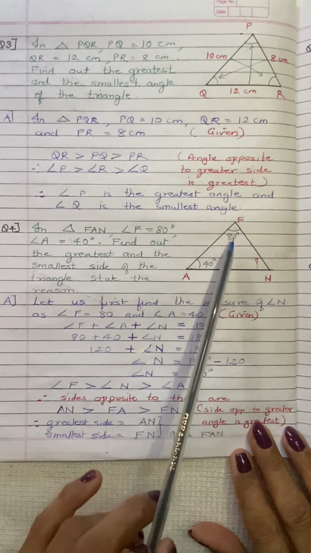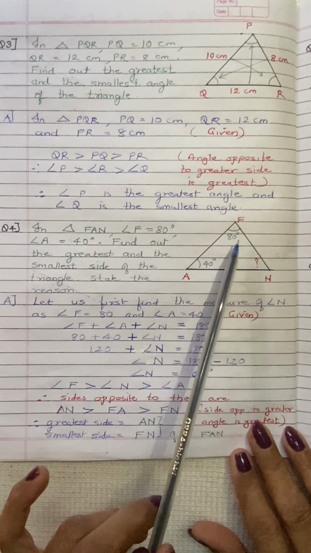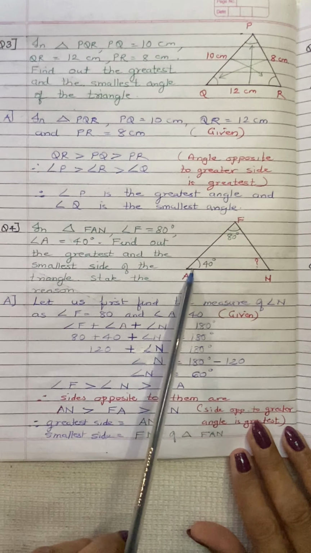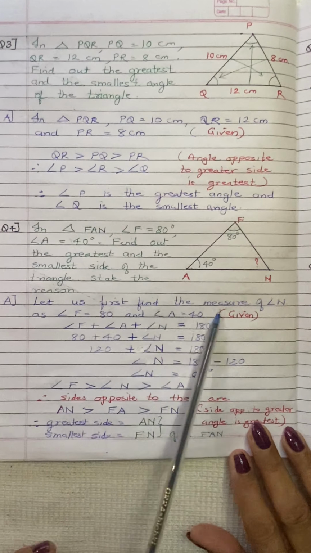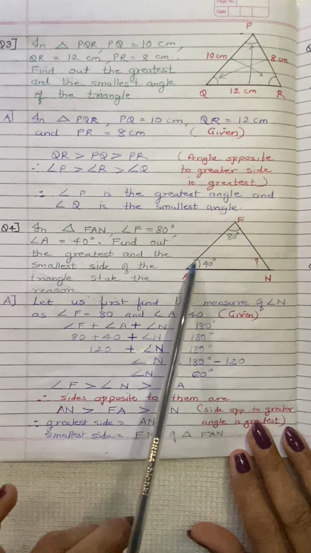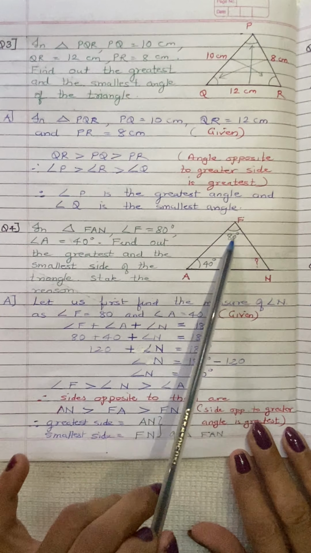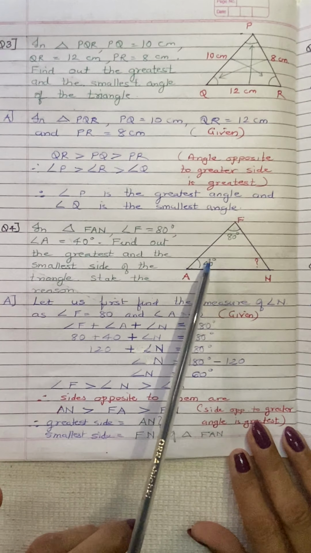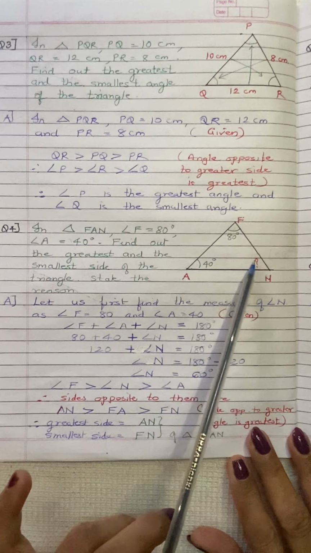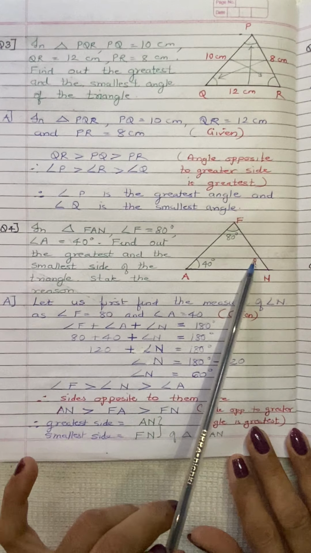So let's find out which side opposite to these angles is the longest. Let us first find the measure of angle N, because unless we know the measure of all three angles, we cannot say which is the smallest and which is the greatest. So first we will find the measure of this angle N, right?